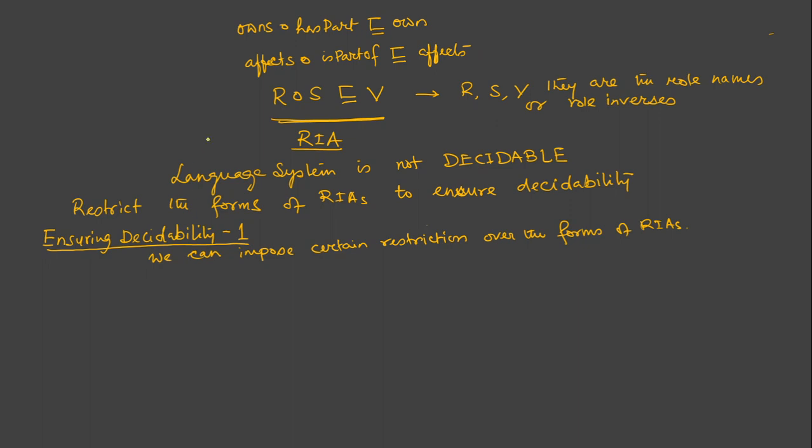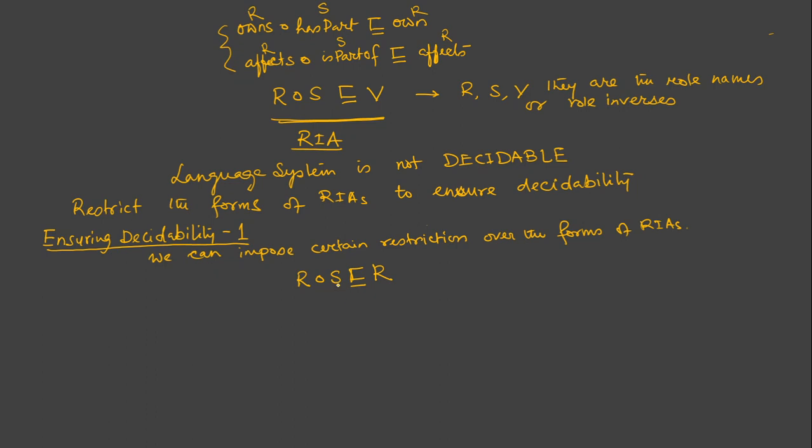Now let us have a look at this. Here you can see that both owns, has part, owns and affects, is part of, affects are of this form: R composition S implies R. I'm just replacing owns with R and has part with S and owns with R. Here also we are replacing affects with R, has part with S and affects with R, and both follow this form.